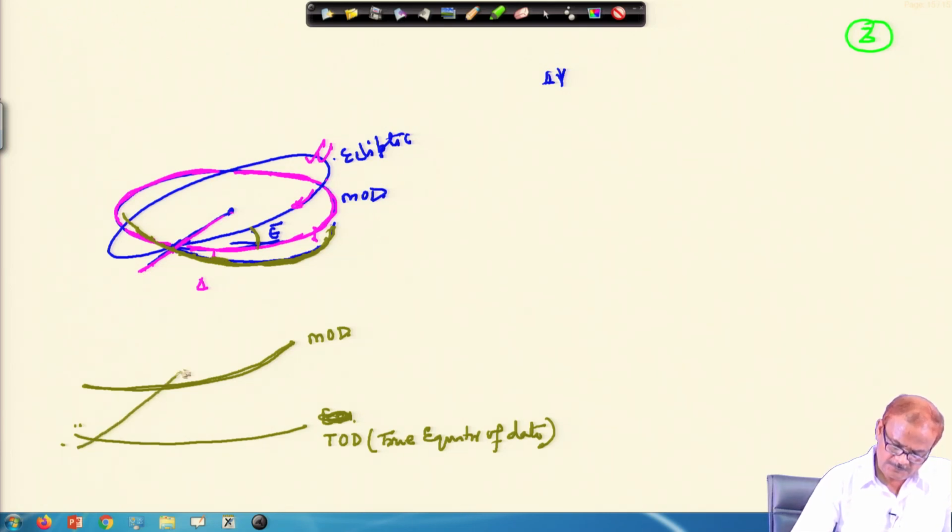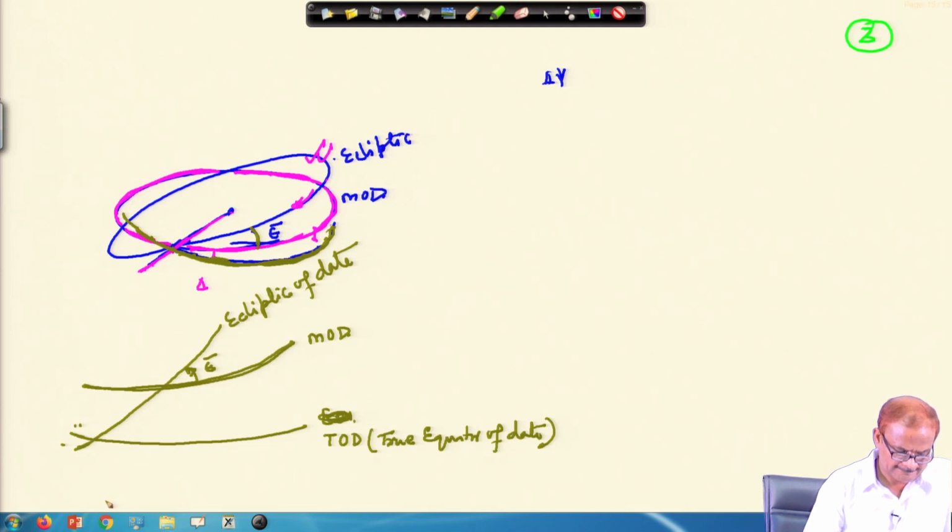This line is showing the ecliptic of date. For the mean equator of date, what we have done is gone by epsilon bar. And thereafter we came down along the ecliptic of date by delta psi.